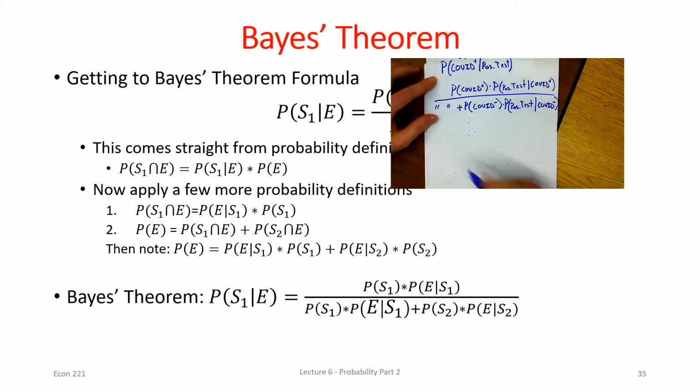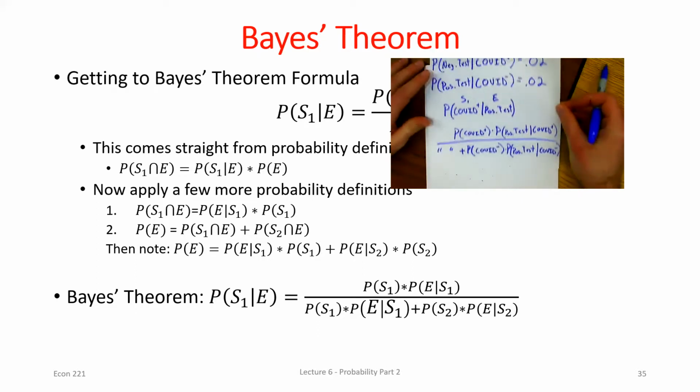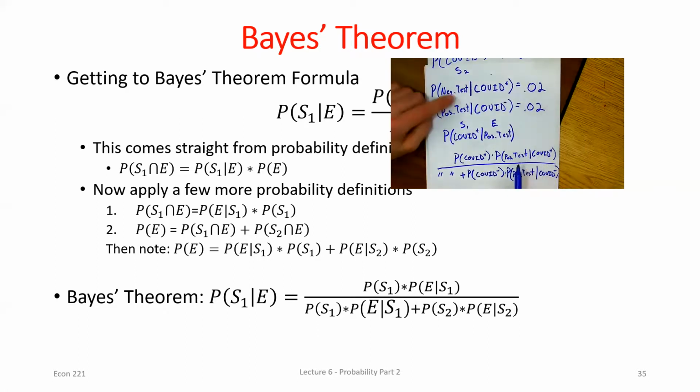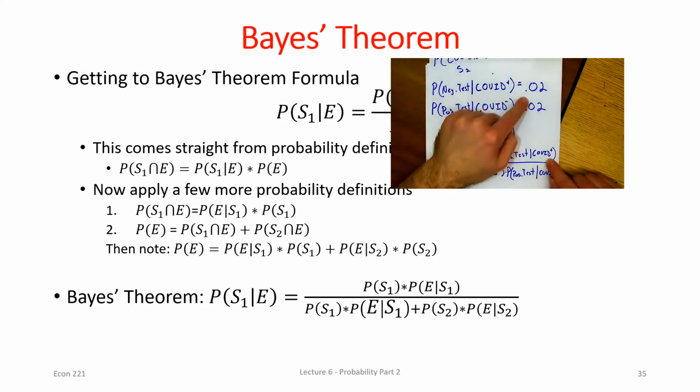So 0.005 times, given that they're COVID positive, what's the probability they actually see a positive test result? If I look at my original data here, I actually don't have that. But conditioned on the same state of nature, I know that if someone has COVID, the probability they see a negative test result, or a false negative, is 0.02.